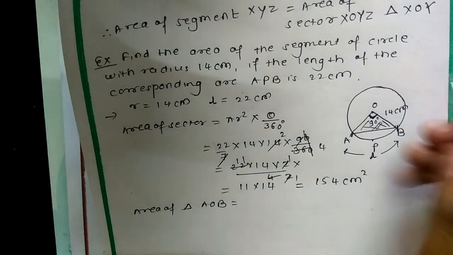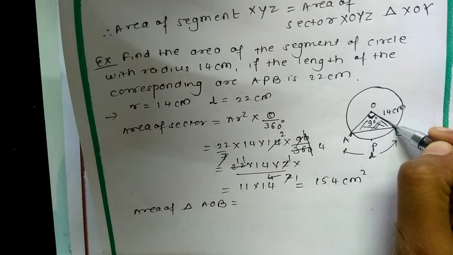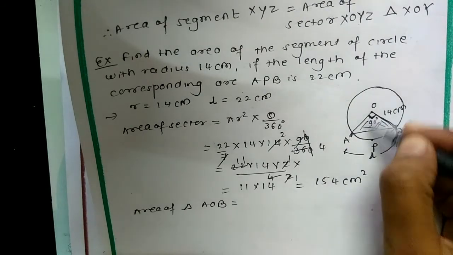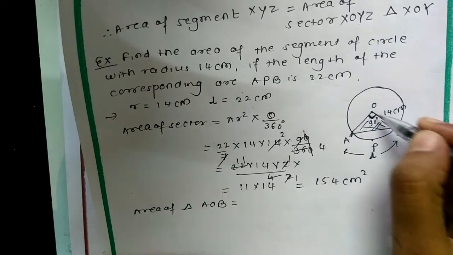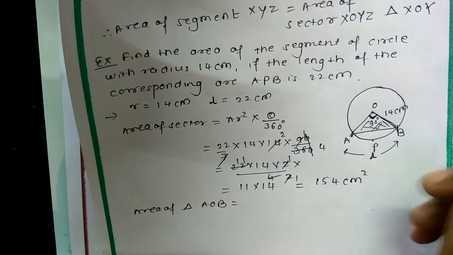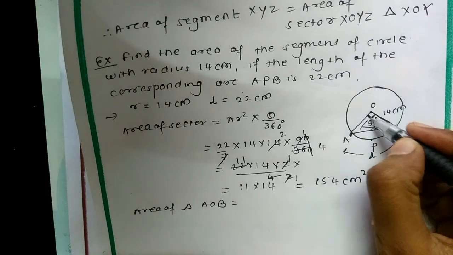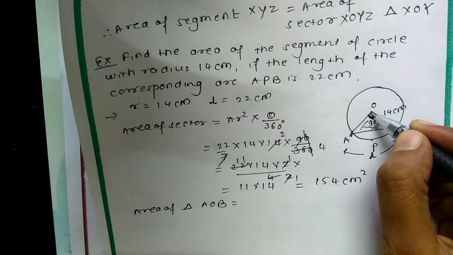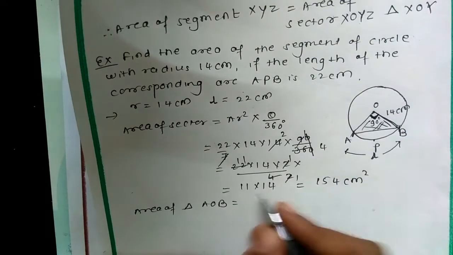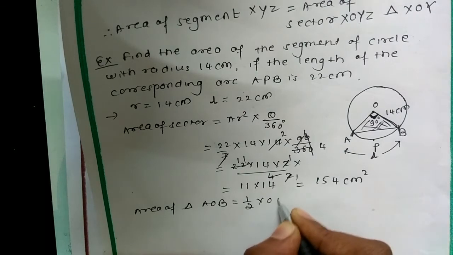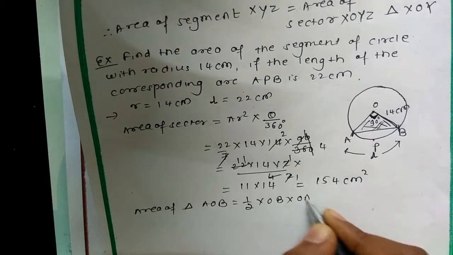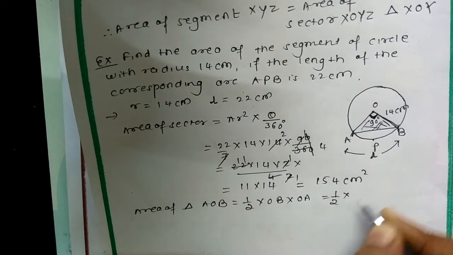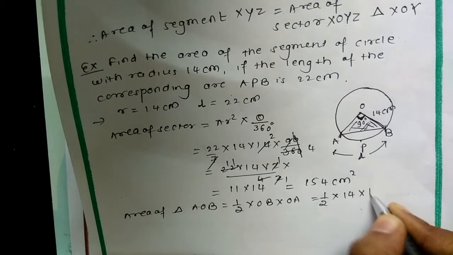In a right angle triangle, the sides which are not the hypotenuse are OA and OB. Among these, we can take any one as height, because height is nothing but the perpendicular to the other side. So we can take OA as height. So half into base OB, and height OA.